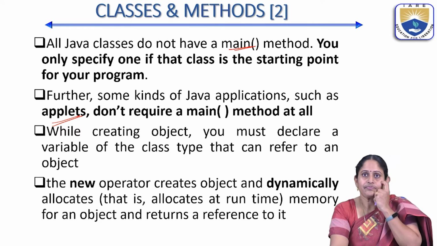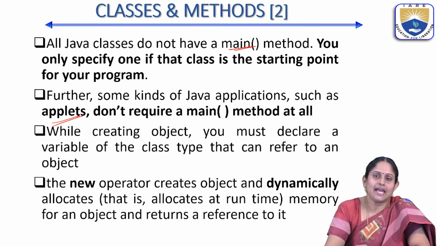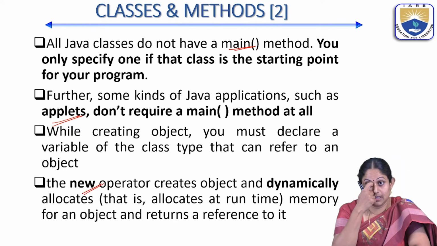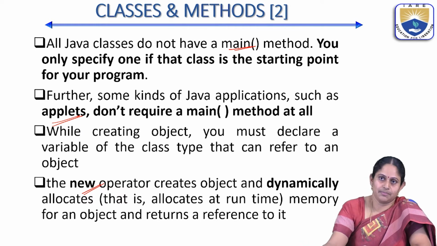When we are creating an object, we must declare a variable of that class type that can refer to an object. And to create an object, we make use of the new operator. The new operator will create the object dynamically, and it allocates memory at runtime for that object.